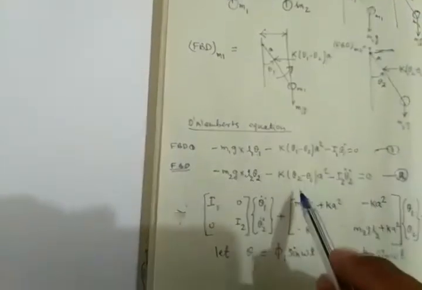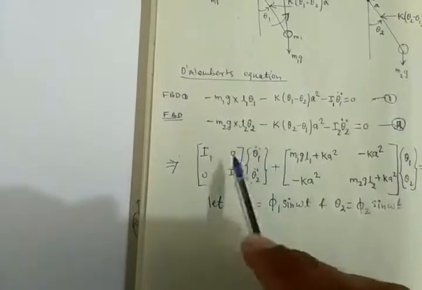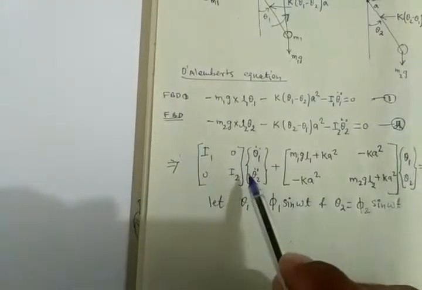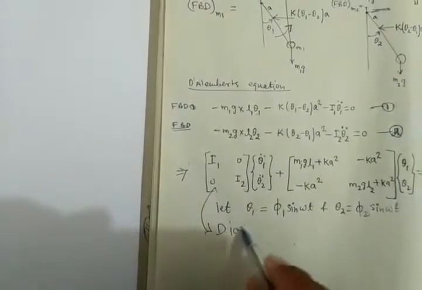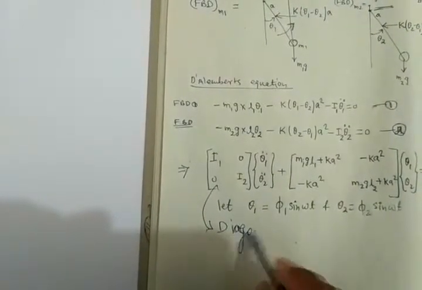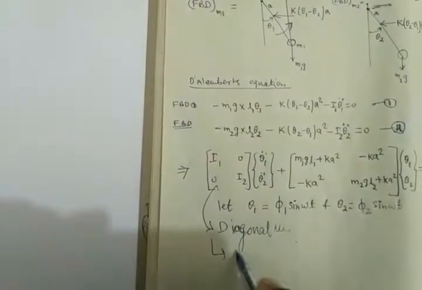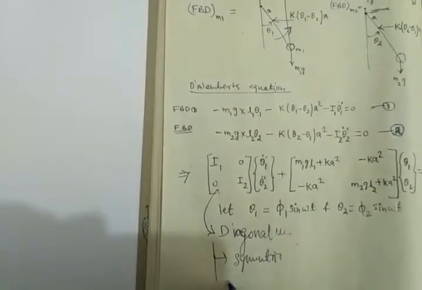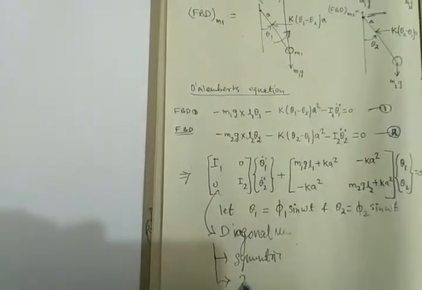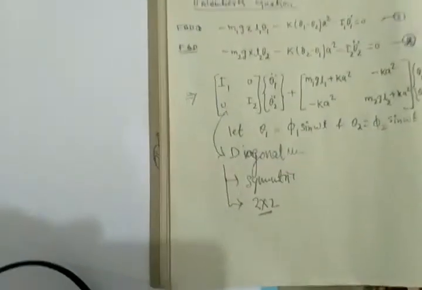I have written these two equations in the form of a matrix, that is I1, 0, 0, I2. So this is a diagonal matrix, and second property symmetric, and a matrix of 2 cross 2. So these are the properties this matrix is having.